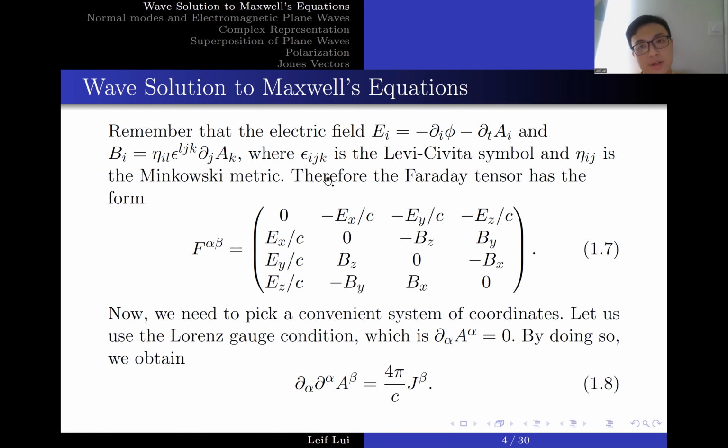But if we have an anti-symmetric combination, for example, if we swap 1 and 2, this will be 2, 1, 3, which will be -1. Or if we swap 2 and 3, so we get 1, 3, 2, this will also be anti-symmetric, so it will also be -1. And if there are repeated indices, this will be 0. So what does this represent? Remember that in the cross product, we always have some terms that are positive and some terms that are negative.